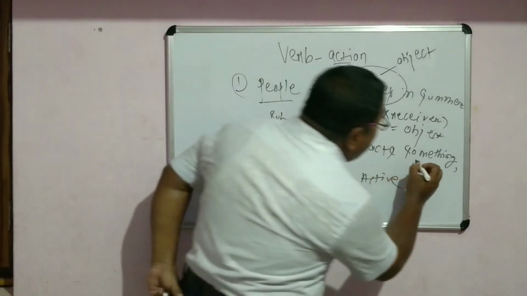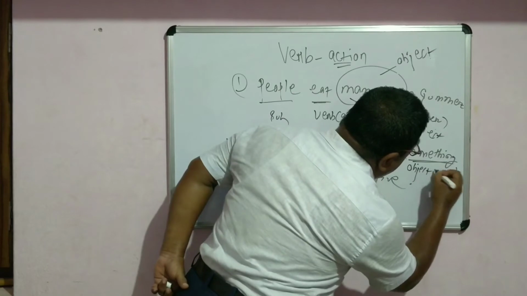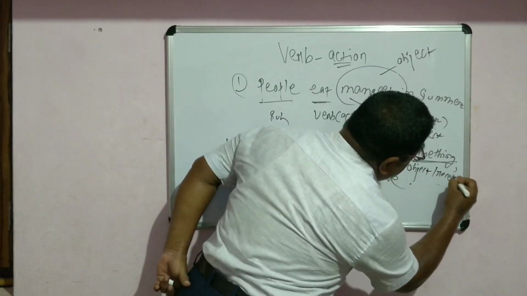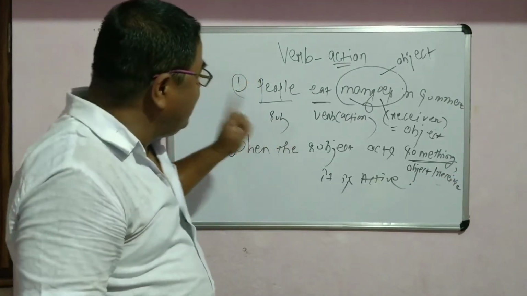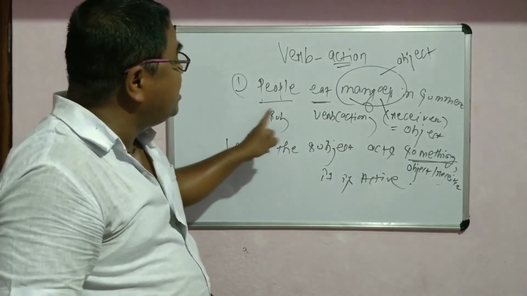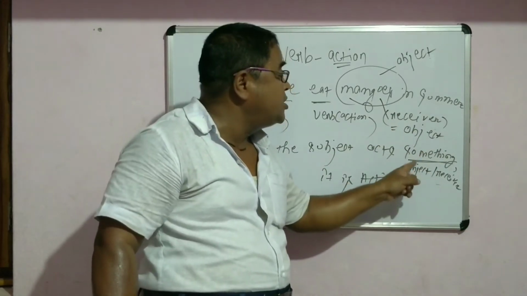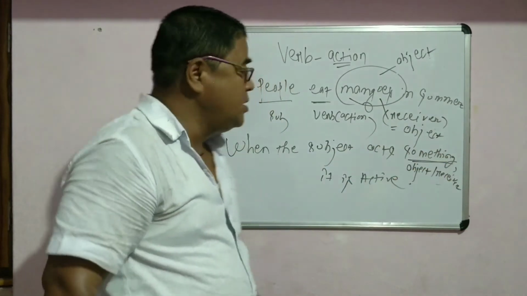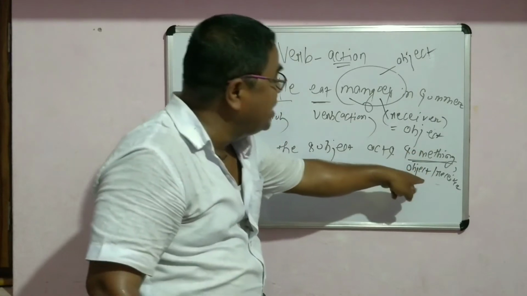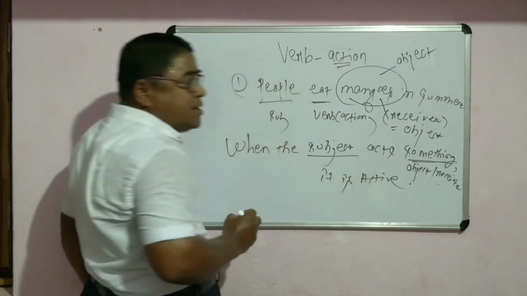So what is this something? This something is the object or the receiver. So always remember, the sentence is said to be in the active when the subject acts on something. This something is the object or a receiver. So if the subject acts on something, and the something is the object or receiver, then what is the other name of the subject here?